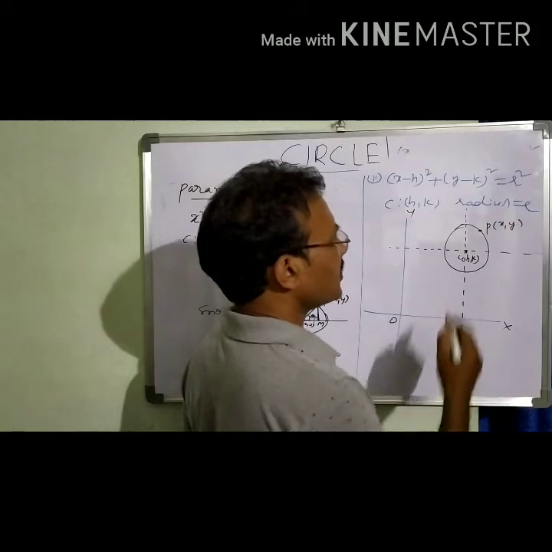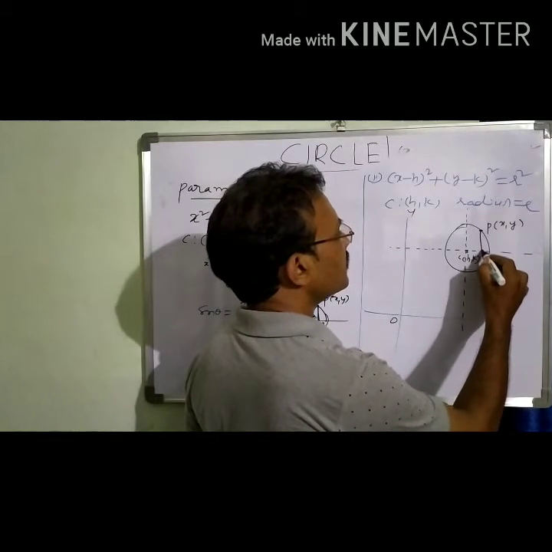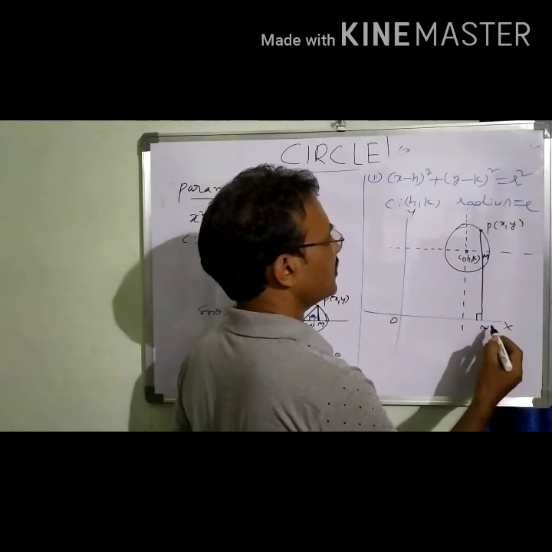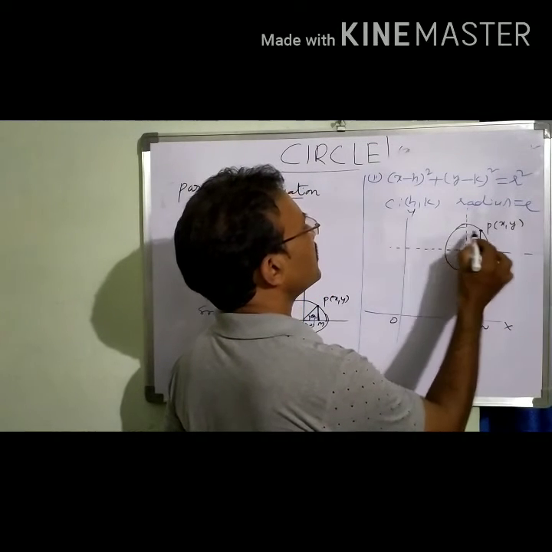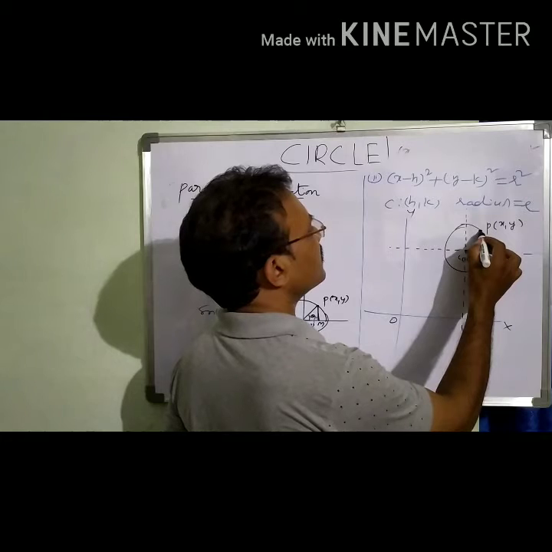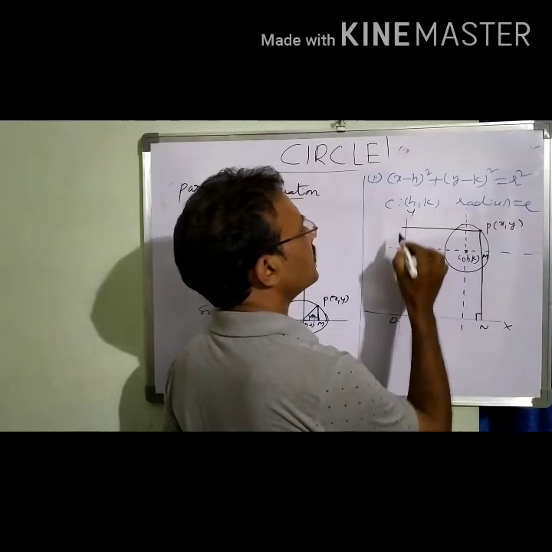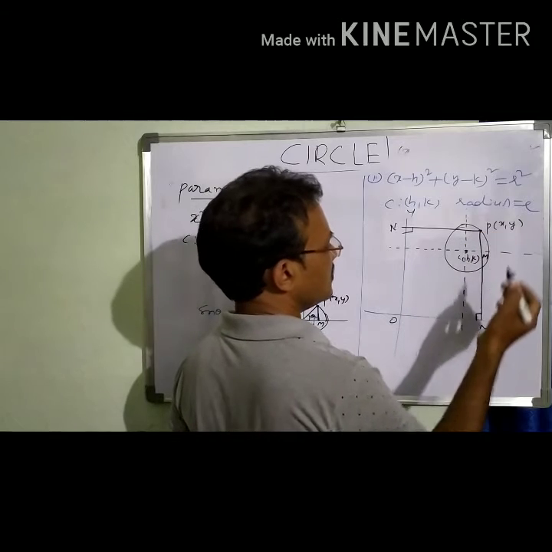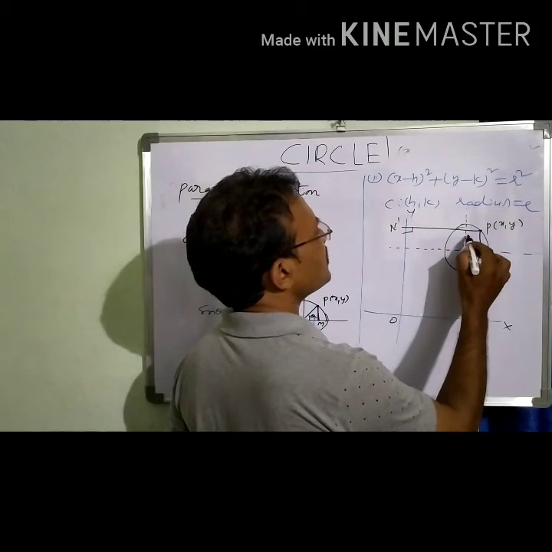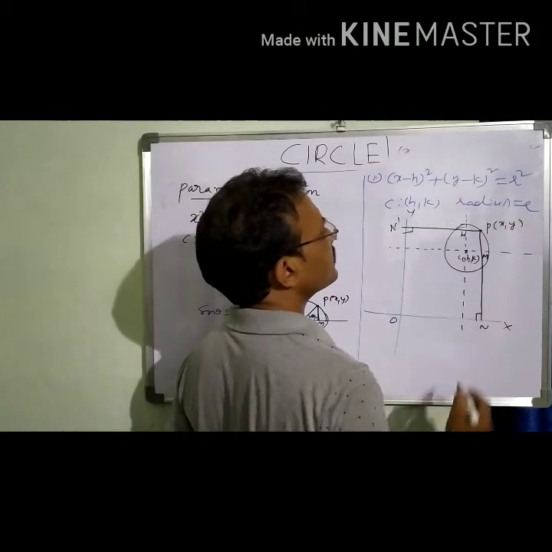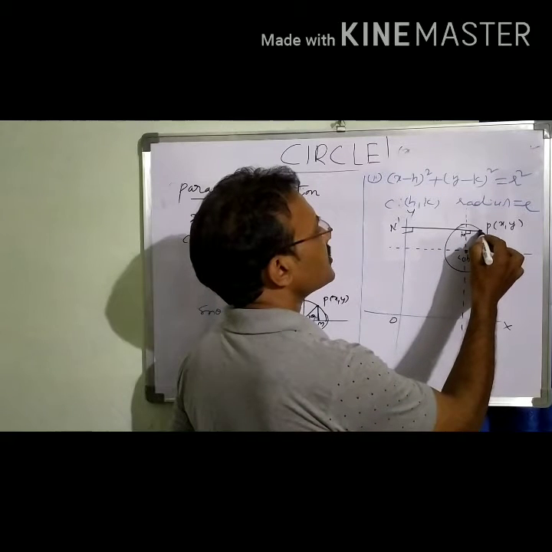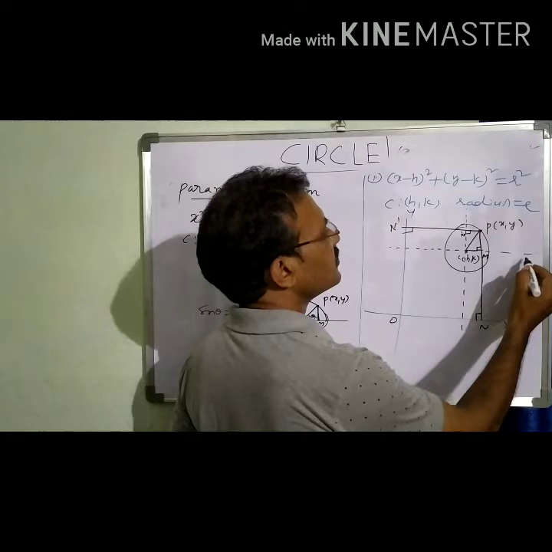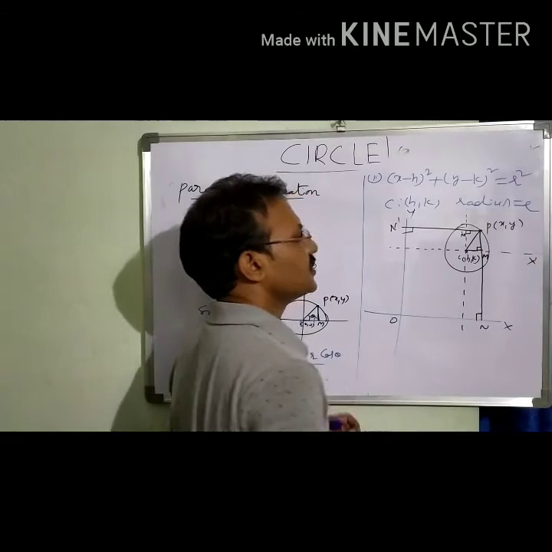If you draw a perpendicular from P to the x axis, let us say M, and again draw another perpendicular to the y axis, let us say N. It is a radius, and it is perpendicular to the x dash line.